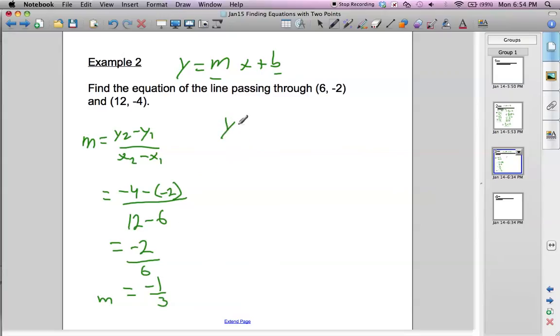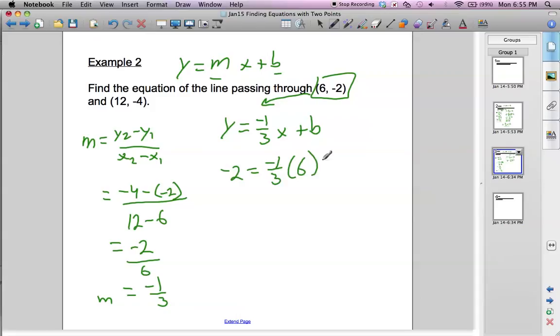So now we can write the equation as y equals -1/3 x plus b, and substitute one of those points. I'll take this one and substitute it in. The y value is -2. The x value is 6. So we're going to work that out. Now again, this is 6 times 1/3.